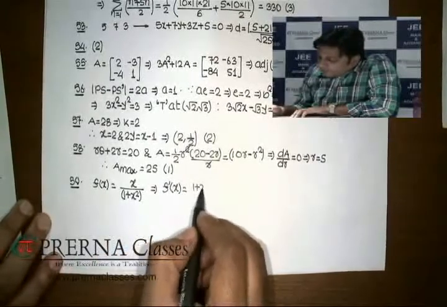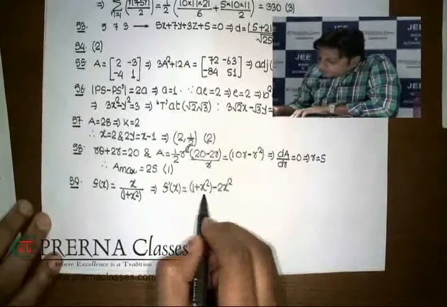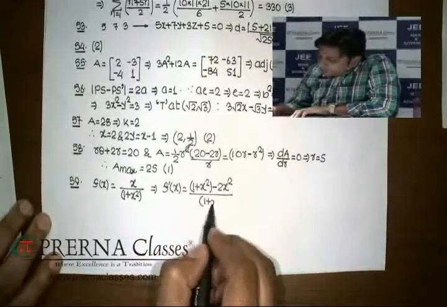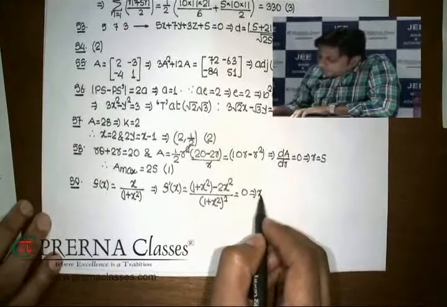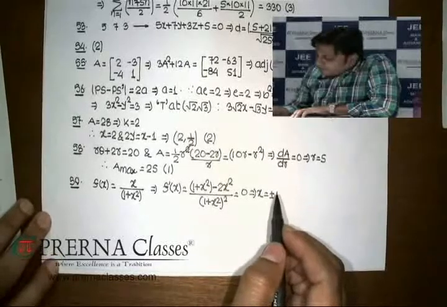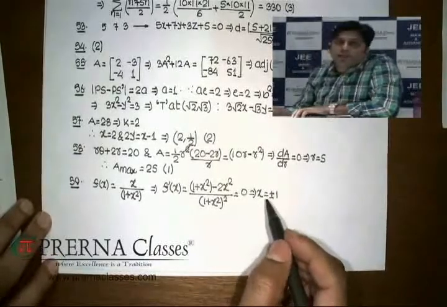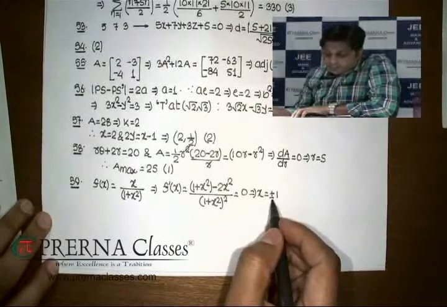Also, if we compute f dash x, it will turn out to be this much. It's becoming 0 when x is plus minus 1. Since we are getting points of maxima and minima, clearly that function is going to be a non-injective function.